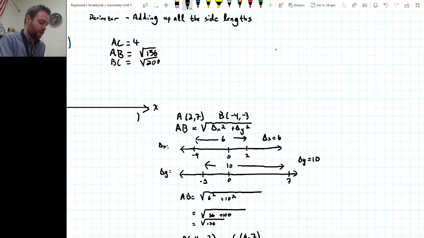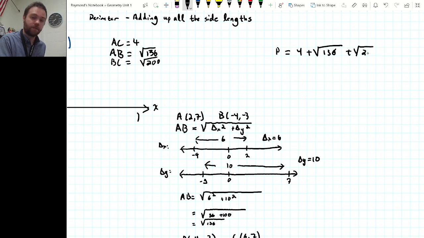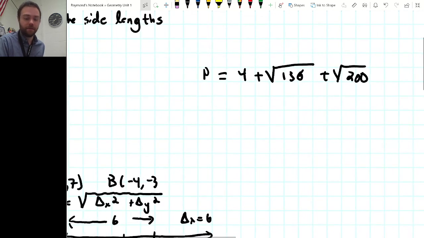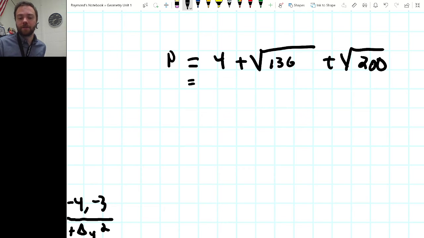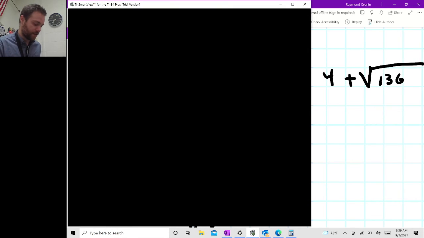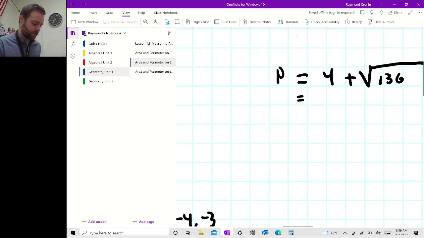You'll see the perimeter is equal to 4 plus root 136 plus root 200. So that's exact, okay? Or you'll see the decimal approximation, and they're the same thing. It's just that those are inside square roots. They haven't been calculated. If I get out my handy dandy calculator, it's not going to work.